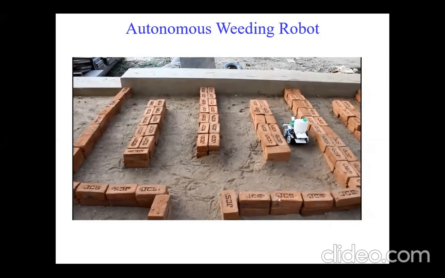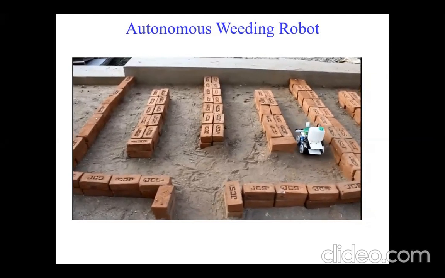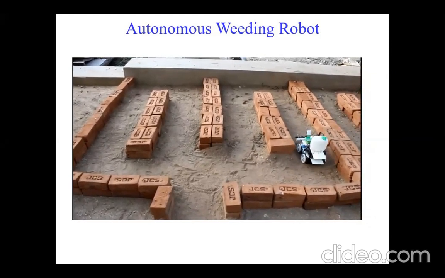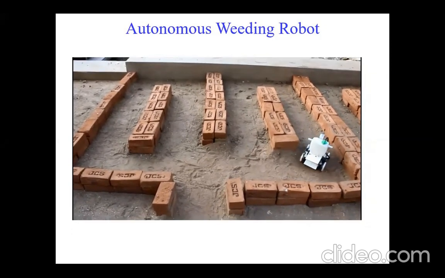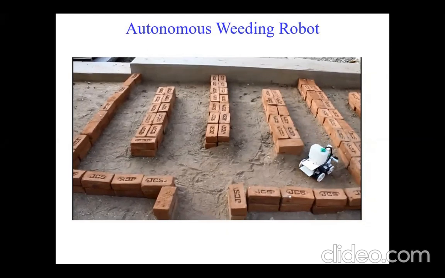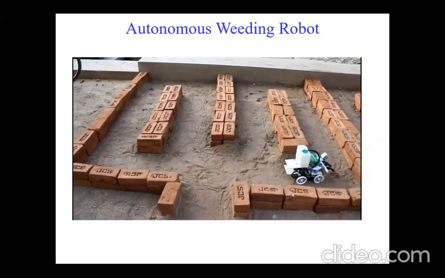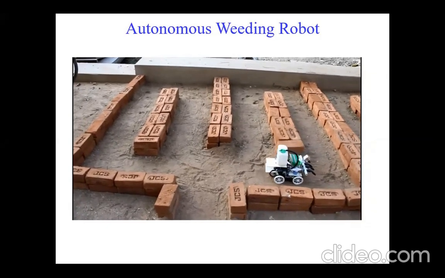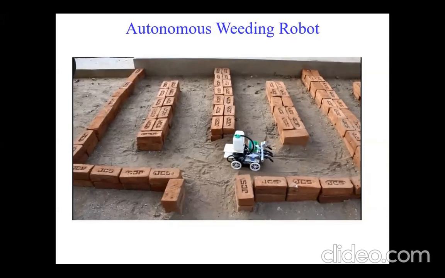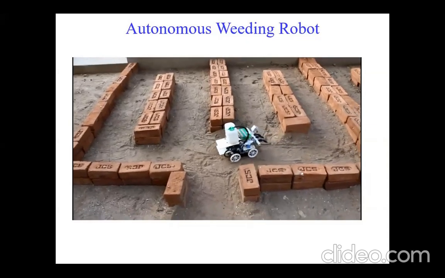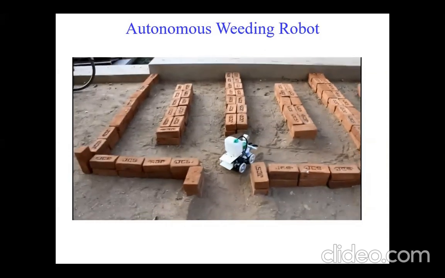Before the start of this process, we are supposed to give how many ridges and furrows are there in that particular area. Then it automatically does the navigation process. But the condition here is that on both sides, we want to have an equal number of ridges and furrows. Once it completes the given task, it will come out of that particular area.